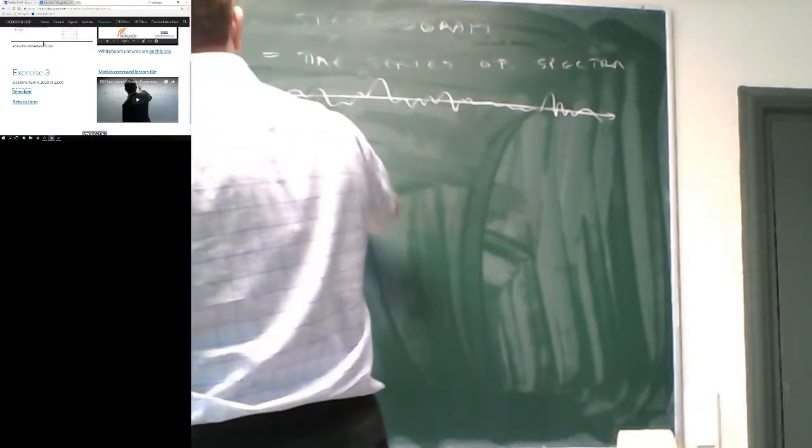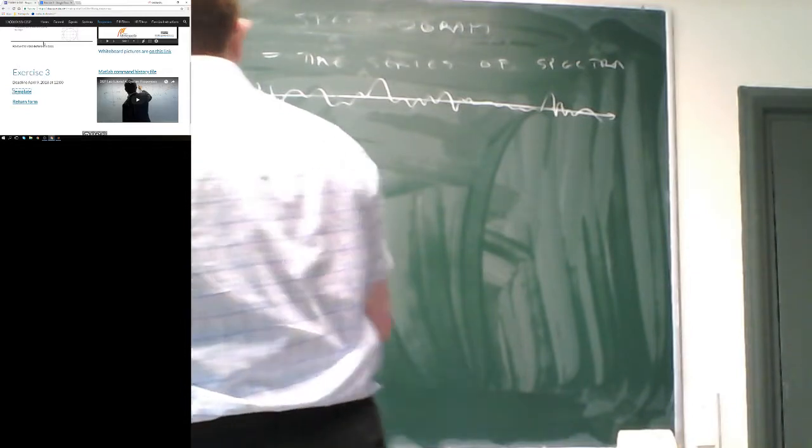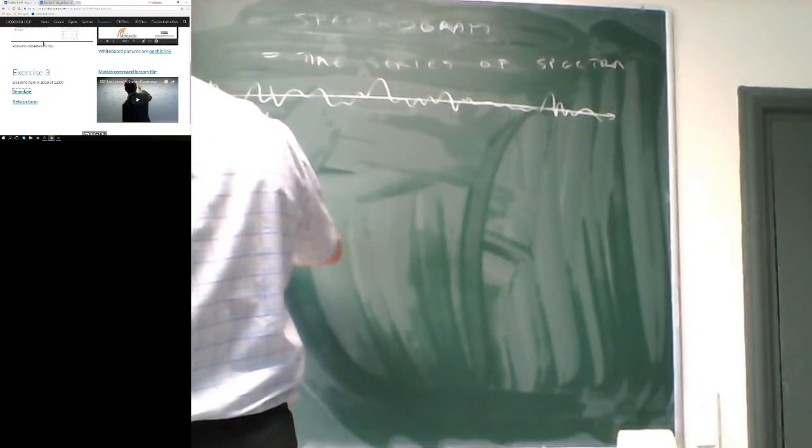If we have a very long signal sample and we want to know what happens in it, we start subsampling it. This is our first subsample. Then we calculate the fast Fourier transformation to make the spectrum.